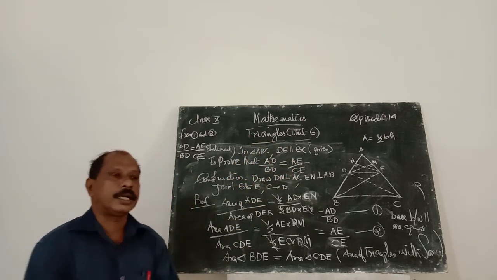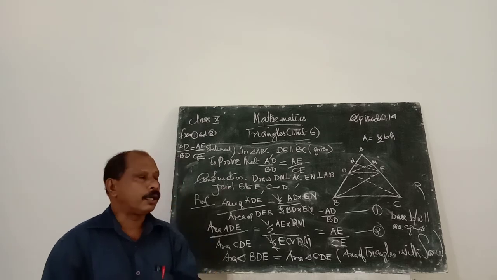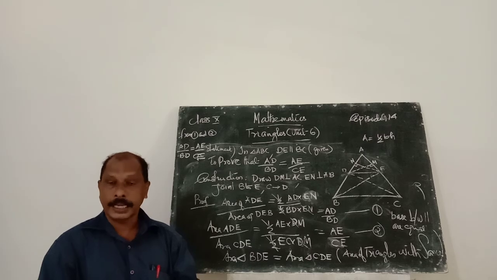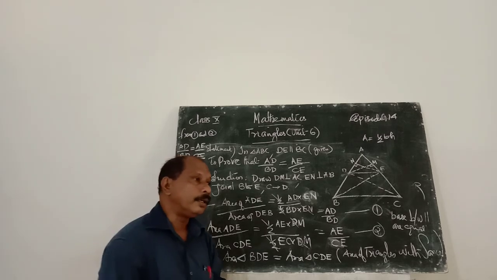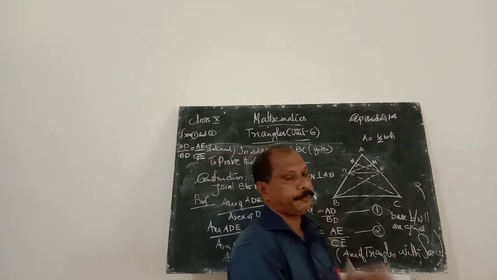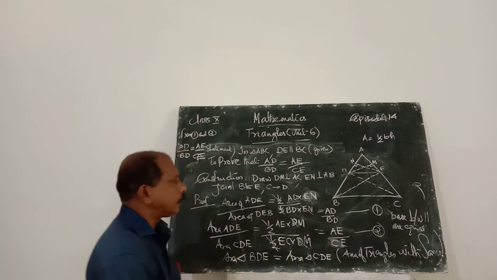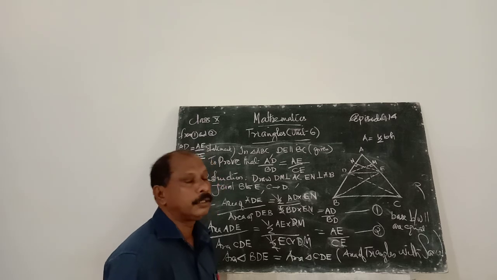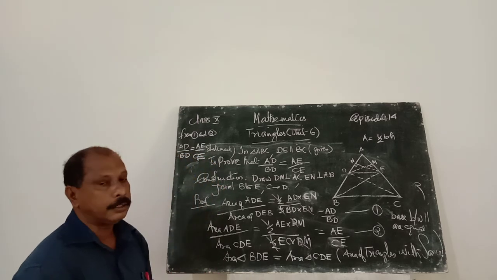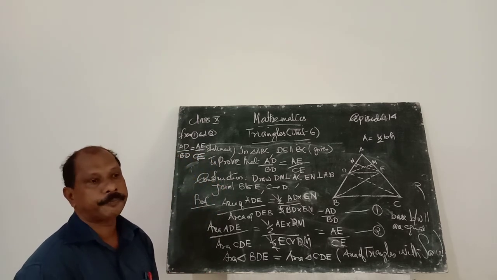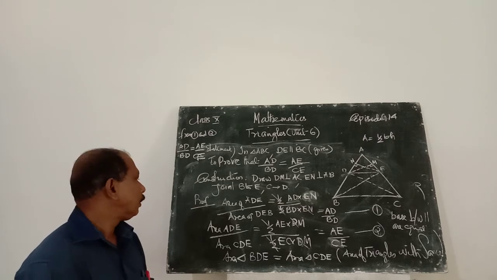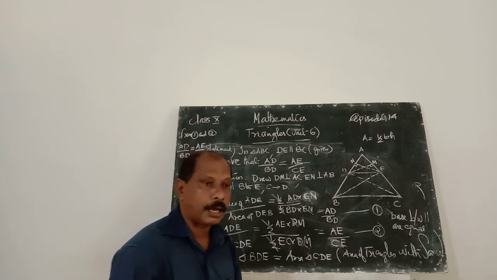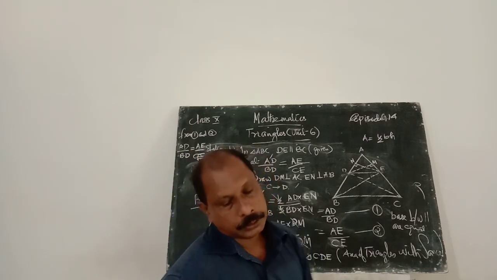Then what is the construction? Draw perpendicular DM to AC and EN to AB. Join the opposite vertices of the trapezium BCED, that is join B and E, then C and D. That is the construction. Then the proof. First of all, we consider that area of any triangle is half base into altitude.